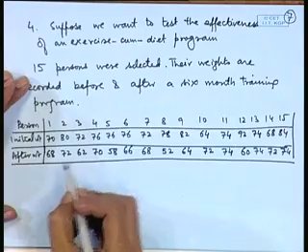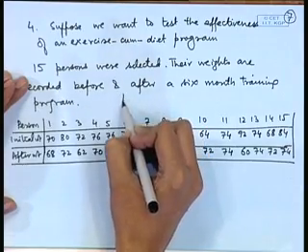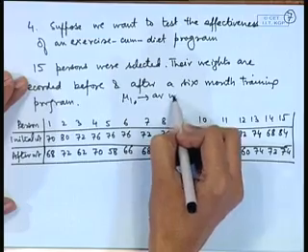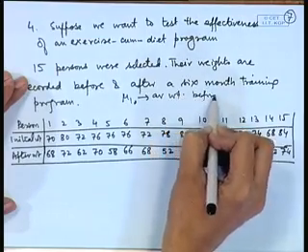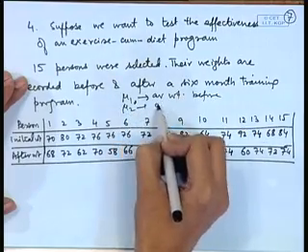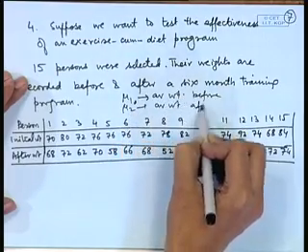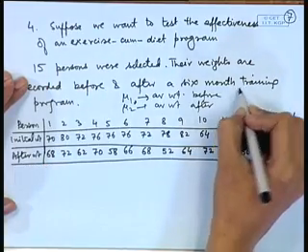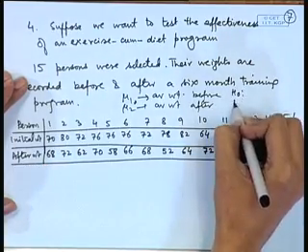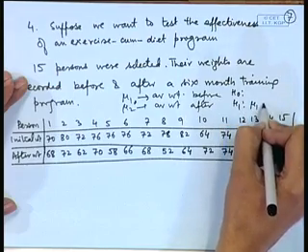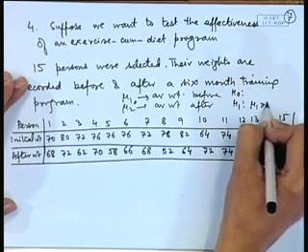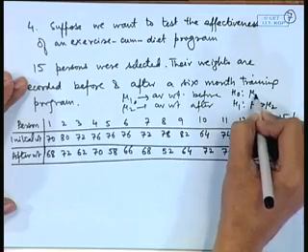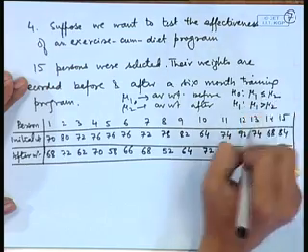We want to test, suppose I say mu1 and mu2. So, mu1 is the average weight before and mu2 is the average weight after the training program. So, we may be interested to test whether mu1 is actually greater than mu2. That means, we can put this as a strong hypothesis in the alternative, which we want to test.